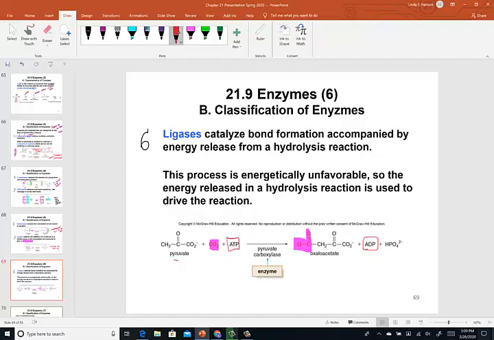A bond forming is going to increase the length of the overall molecule. We added carbon dioxide to the original molecule, increasing the length of the molecule, and it cost energy to do that, to form new bonds.